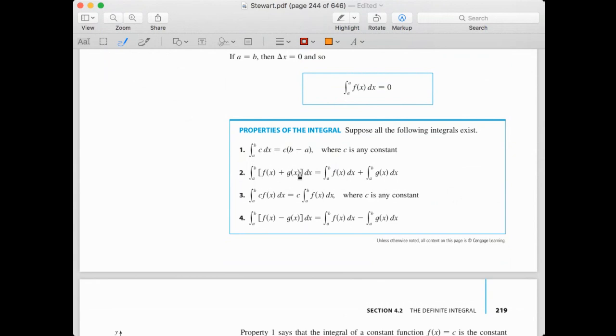If the integrand is the sum of two functions, we can split it into two integrals. If c is a scalar inside the integral, we can factor it out of the integral. If the integrand is a subtraction of two functions, the integral becomes a subtraction of two integrals.